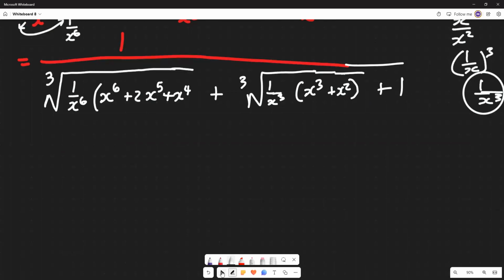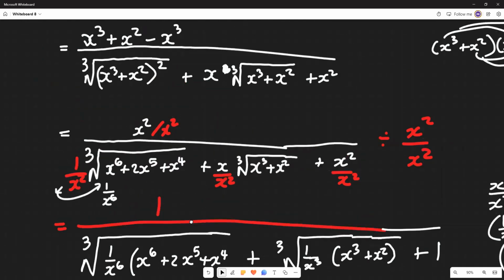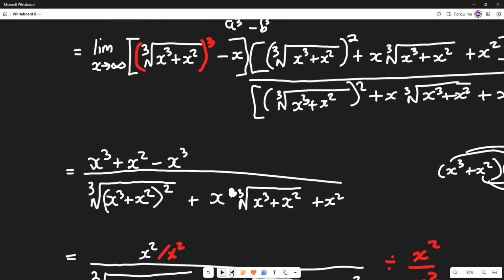Oh, guys, I forgot my limit here. I've been forgetting my limit. Sorry about that. Remember, we always need to keep our limit. So this is equals to limit as x approaches infinity. Don't forget that. I'm sorry about that.